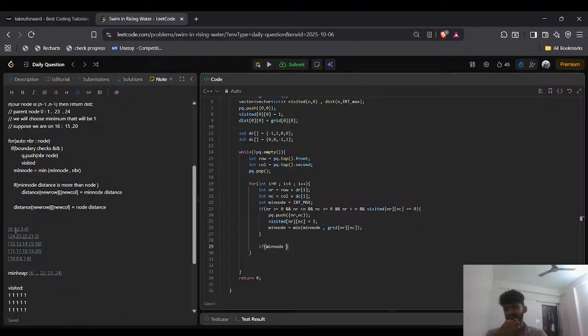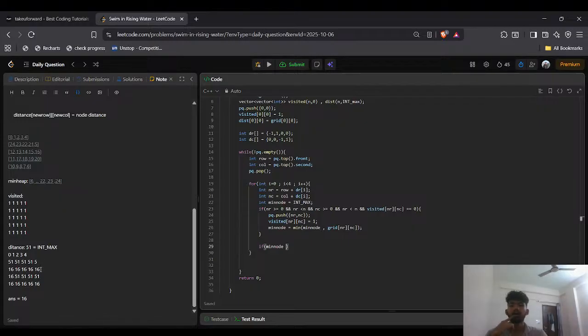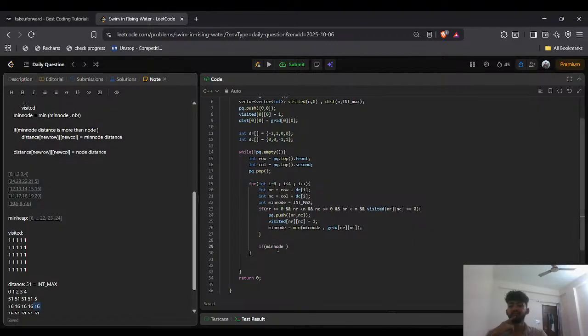If we are on, suppose here, min node values, if we are on 16, our min node will be 15, and our min node value is less than the previous, means distance minus row previous one.